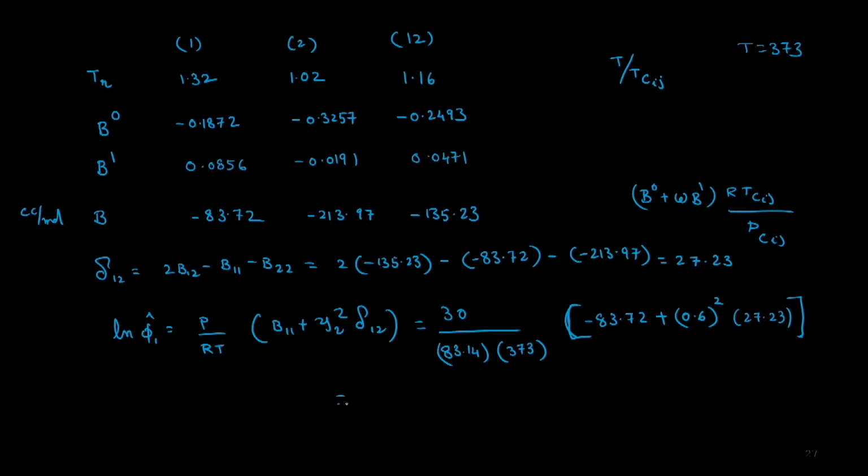And if I simplify that, what I end up with is negative 0.0715. And similarly, ln phi2 hat is going to be negative 0.2028. Once I have ln phi1 hat and phi2 hat, I can calculate the fugacity coefficients in the mixture.